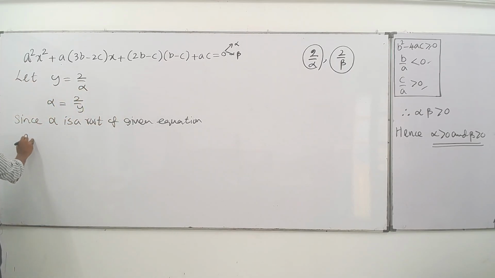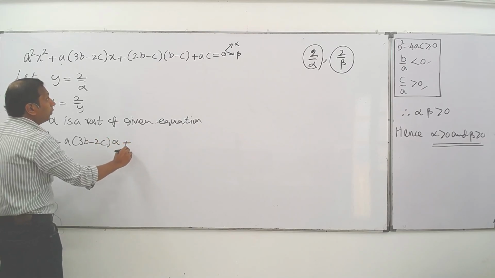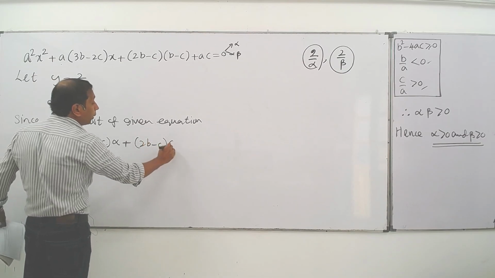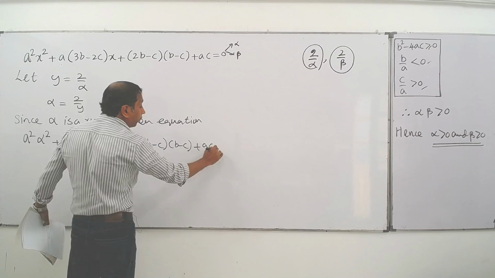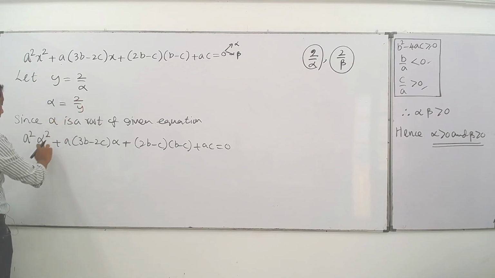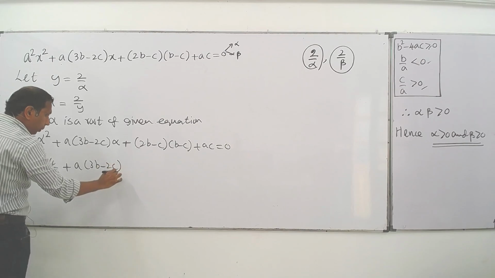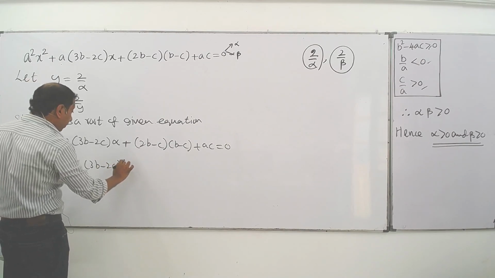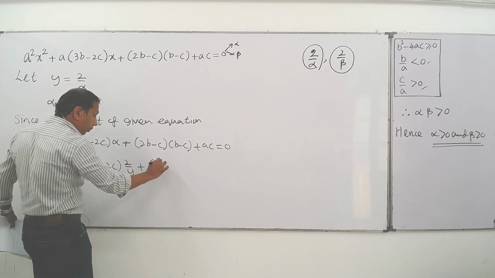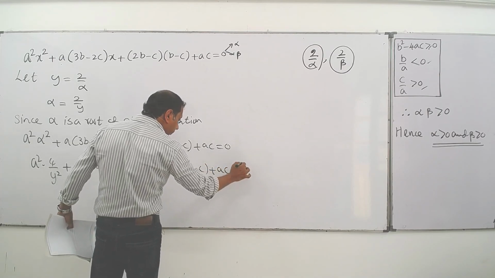How? a squared alpha squared plus a times (3b minus 2c) alpha plus (2b minus c)(b minus c) plus ac should be equal to 0. Then for this alpha we put what? 2 upon y. Then here we get a squared 4 over y squared plus a times (3b minus 2c) times 2 upon y plus (2b minus c)(b minus c) plus ac equals 0.